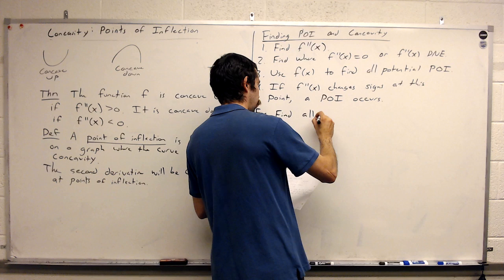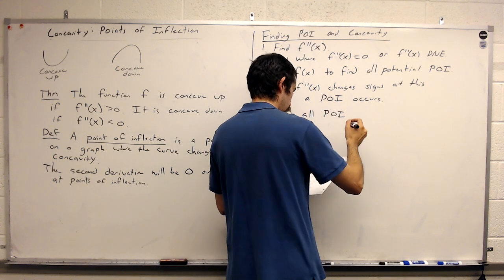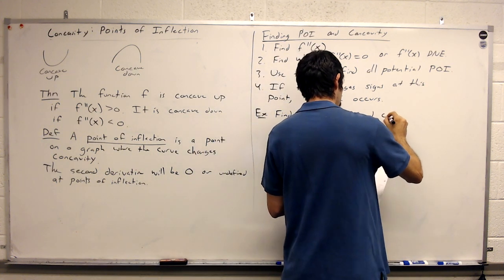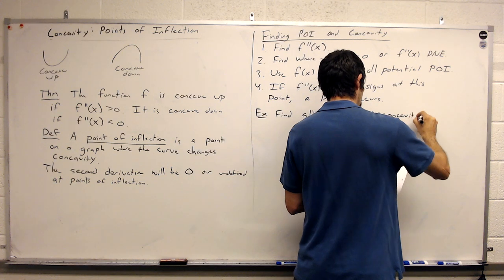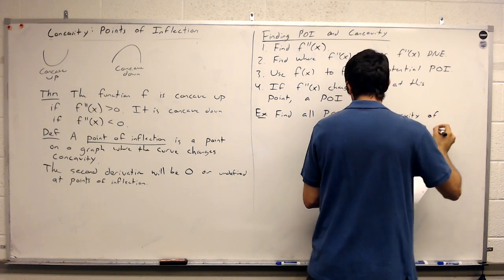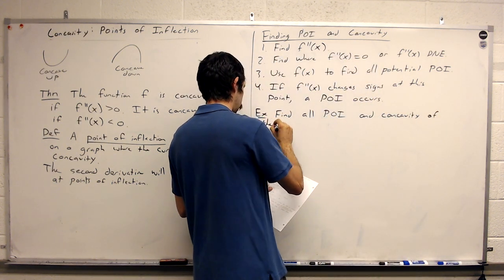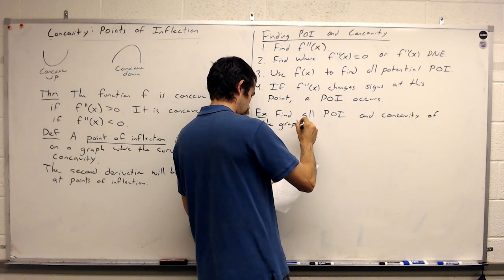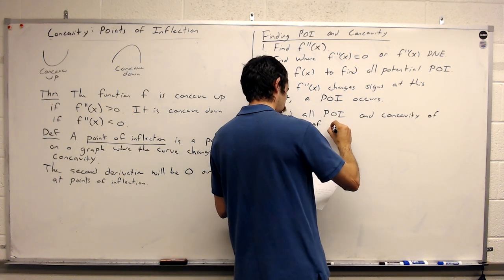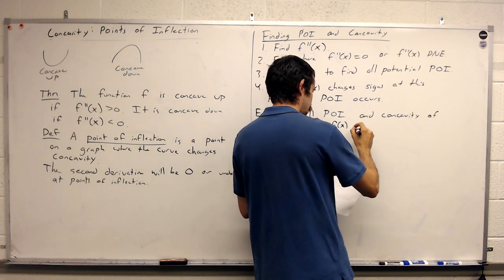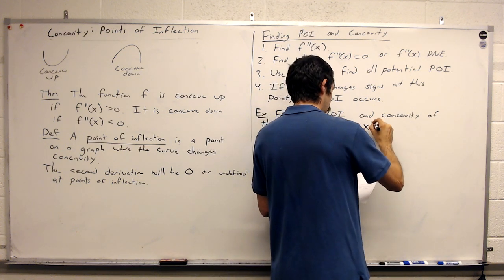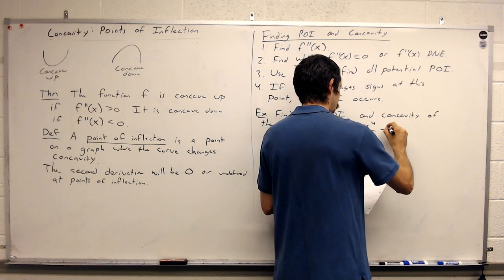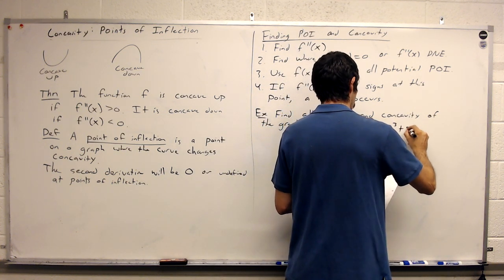Let's find all points of inflection and concavity of the graph of f of x equals x to the fourth over 2 minus x to the third plus 5.